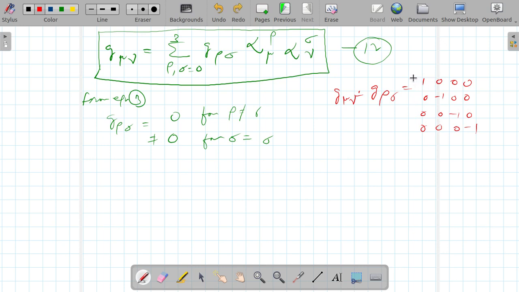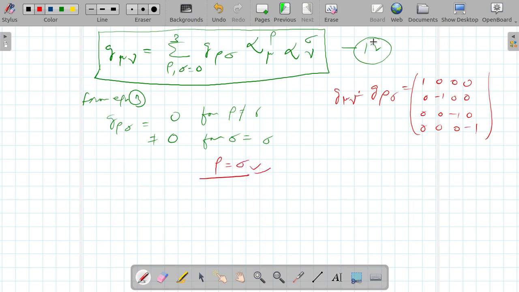So for the diagonal entries it is non-zero and the rest are 0.